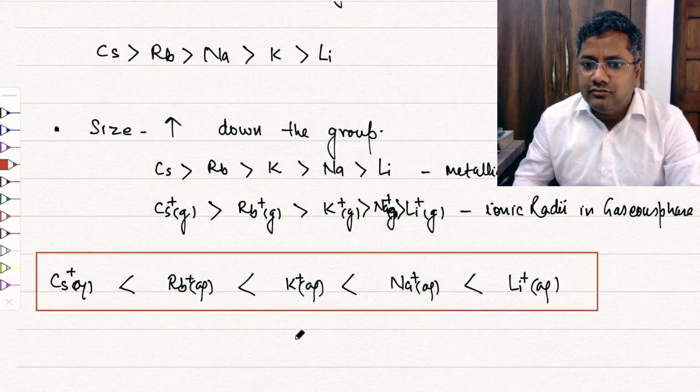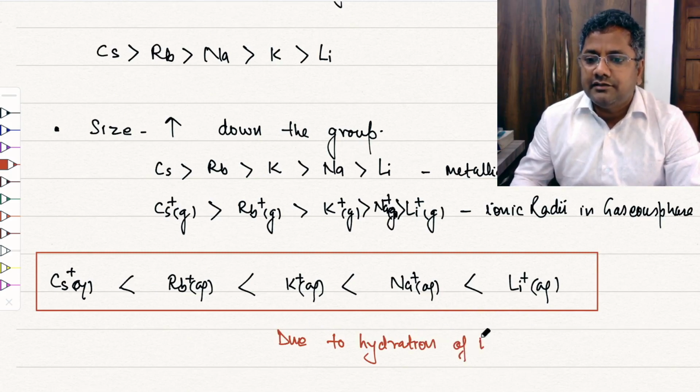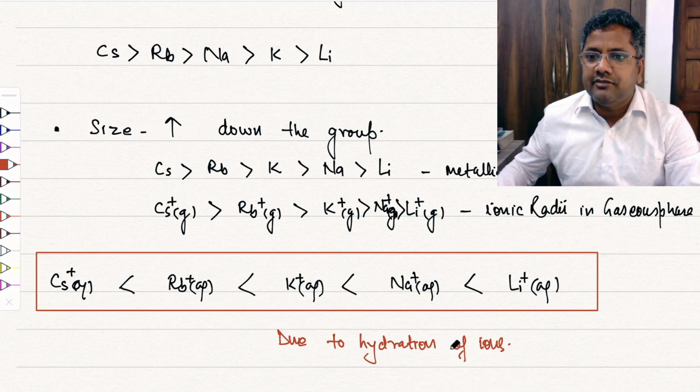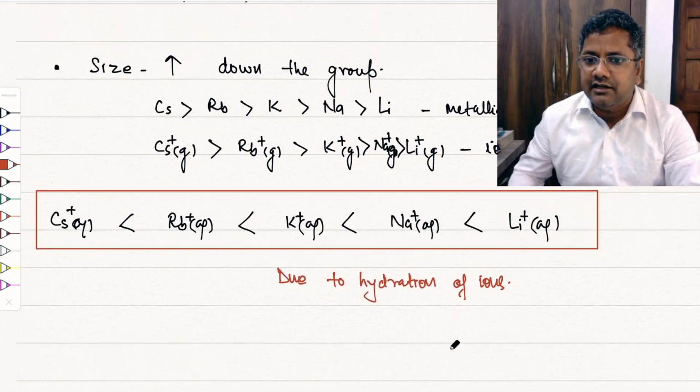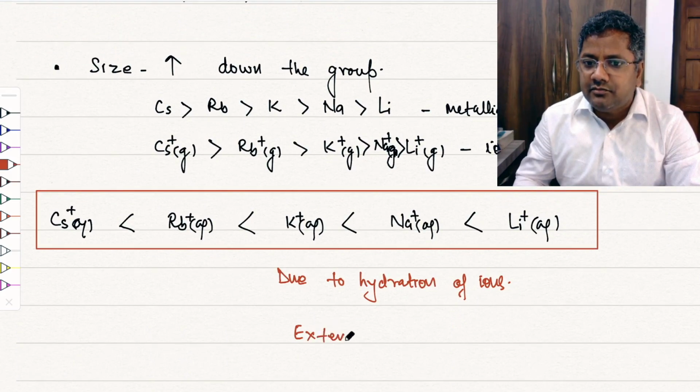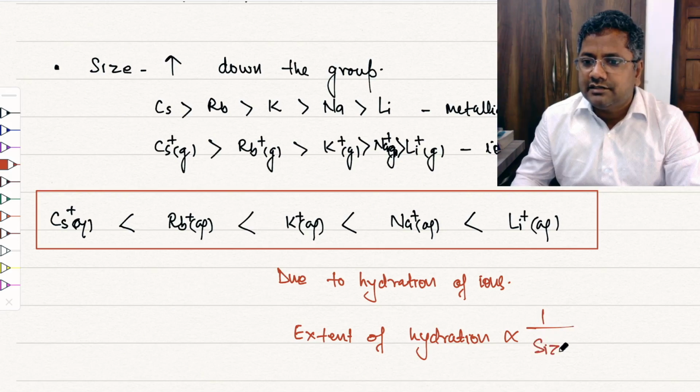See, this is due to hydration of ions. In aqueous medium, ions exist as hydrated ions, and the extent of hydration is inversely proportional to the size of the ion in gaseous phase.